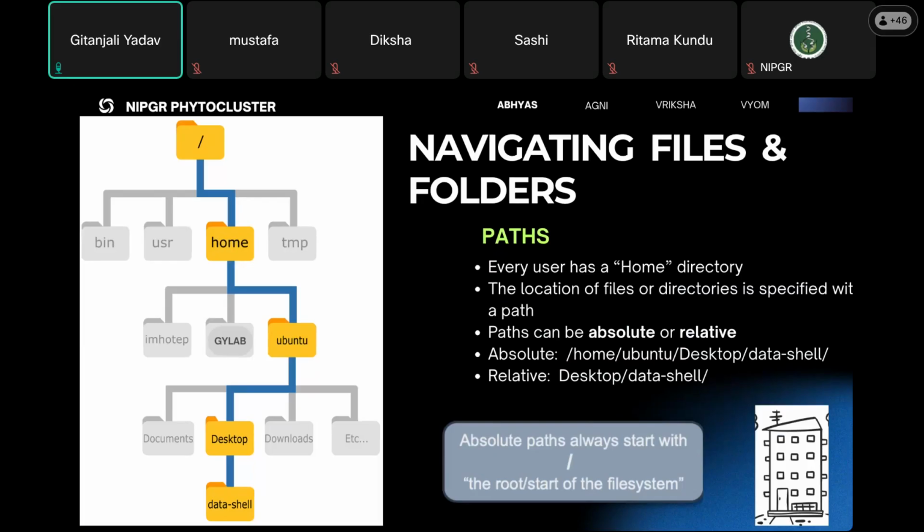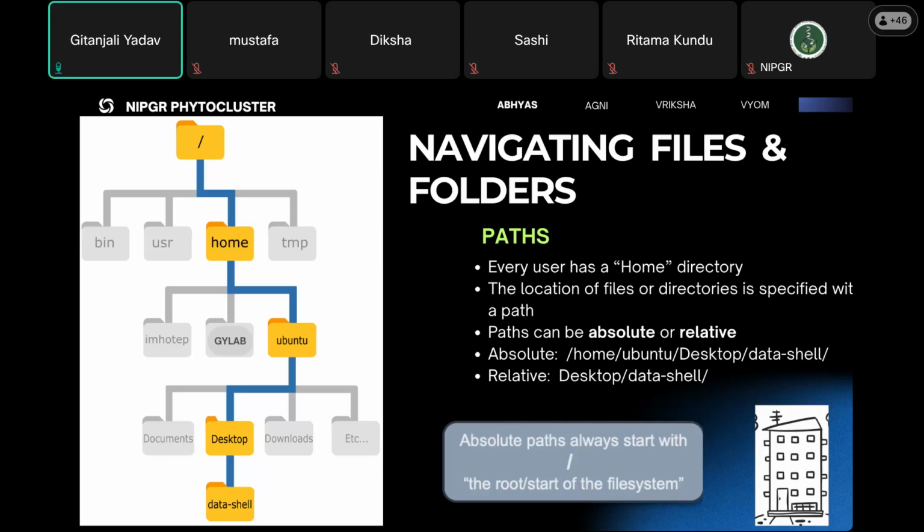If you have already been able to access the Phyto storage, the Phyto Vault that we have, which we call B, then you would know that your lab is called something like GYLab 204. So that's my lab. And all of the researchers in my lab can access that common area, which is our home directory.